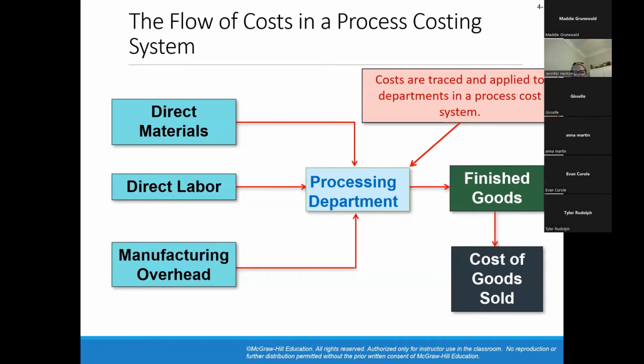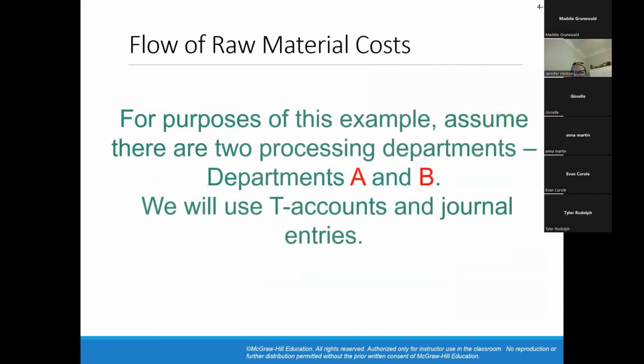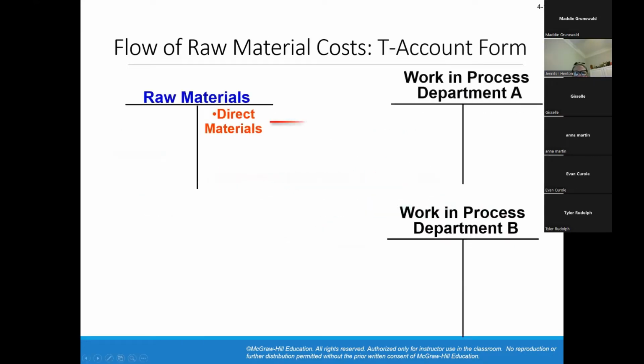So the costs are traced and applied to departments in a process cost system. For purposes of the example, we're going to assume 2 processing departments, A and B, and we're going to use T accounts and journal entries to follow how things are moving through the system. So here are our T accounts.